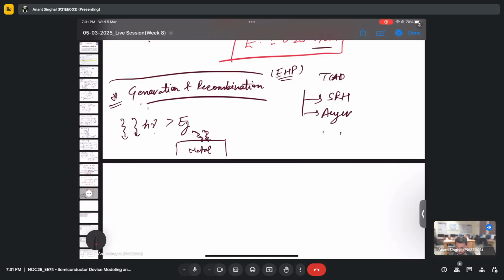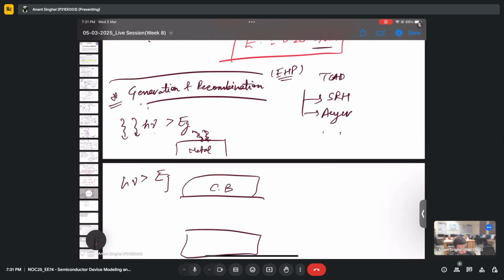Now the valence band contains many electrons, which are not movable, but the conduction band is always empty, initially, at equilibrium. The probability of interaction is very high since h nu is greater than Eg. Let's say this is a valence band, this is a conduction band, and it was full of electrons. Sorry for the bad drawing.